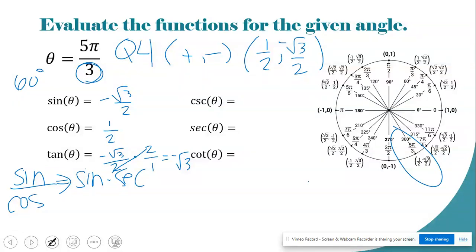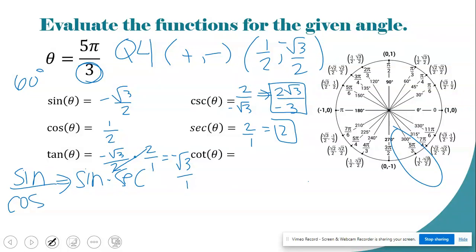Nice. Now for our reciprocal functions. Cosecant, that's going to be 2 over negative rad 3. Rationalize that denominator. You'll have 2 square root of 3 over negative 3. Secant is going to be 2 over 1, or just 2. And cotangent, remember, you can just take it off of negative radical 3 over 1.